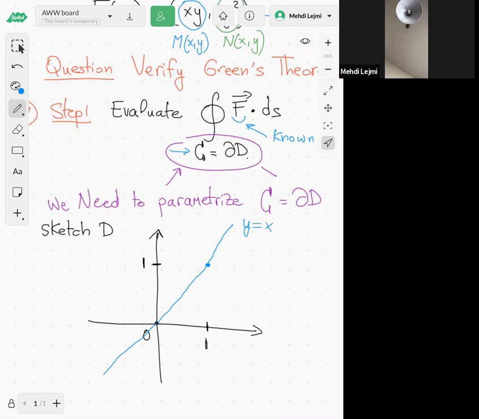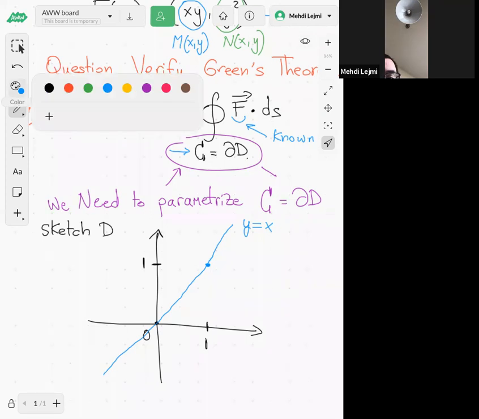Of course, between 0 and 1, x squared is less than x. If your x is between 0 and 1, when you take a power, x squared would be less than x.